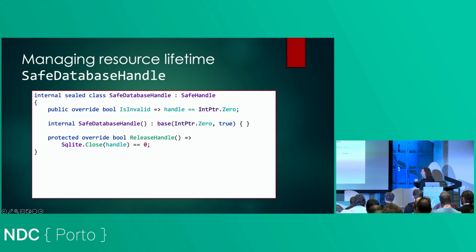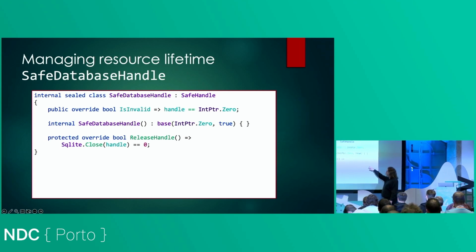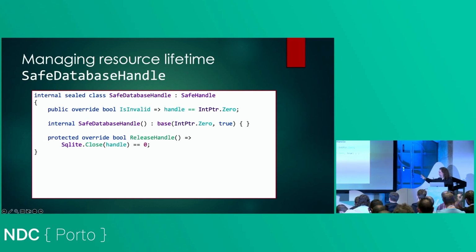We have to have a constructor, obviously, so we have a default constructor, and we have to call the base constructor where we pass in an invalid handle, pointer 0, and true. True meaning this safe handle instance owns this unmanaged resource, whatever that is. And it's interesting, yes, you can pass in false, it's a bool, but documentation says don't do that. So I don't know why this is an option. So it is your invalid handle and true, end of story.